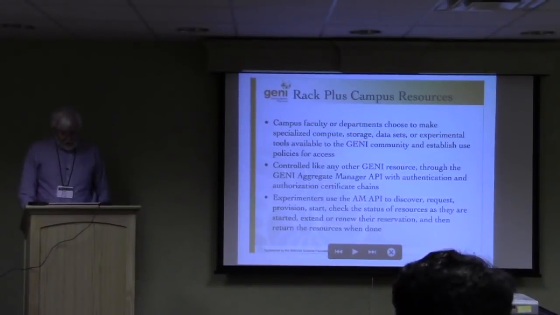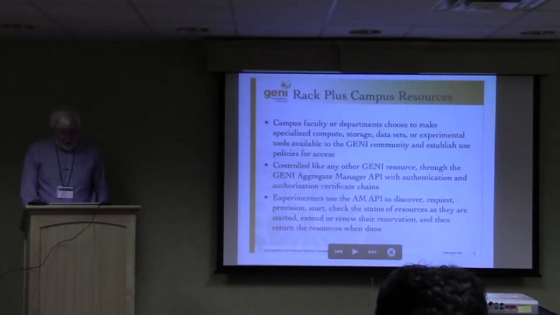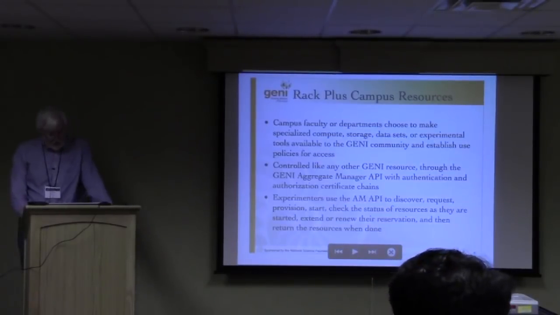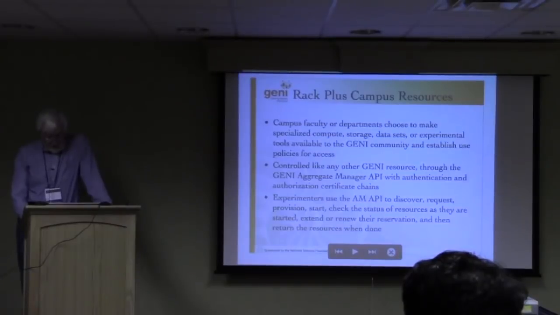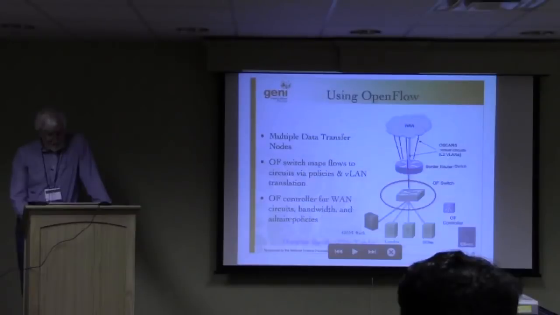So I think this slide is essentially saying what the previous one did. Everything works through the GENI AM Aggregate Manager API v3 to both authorize and request and check status of resources. There's also the OpenFlow capability that's becoming common, and a lot of people are incorporating all of those issues.